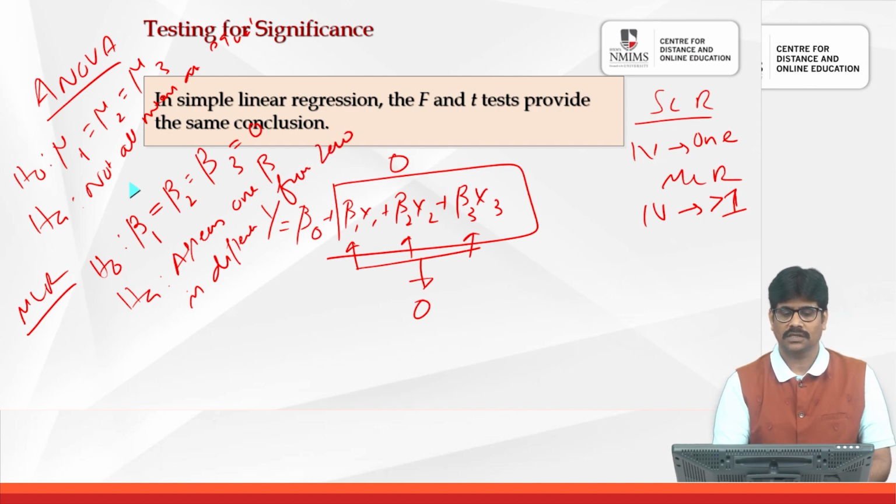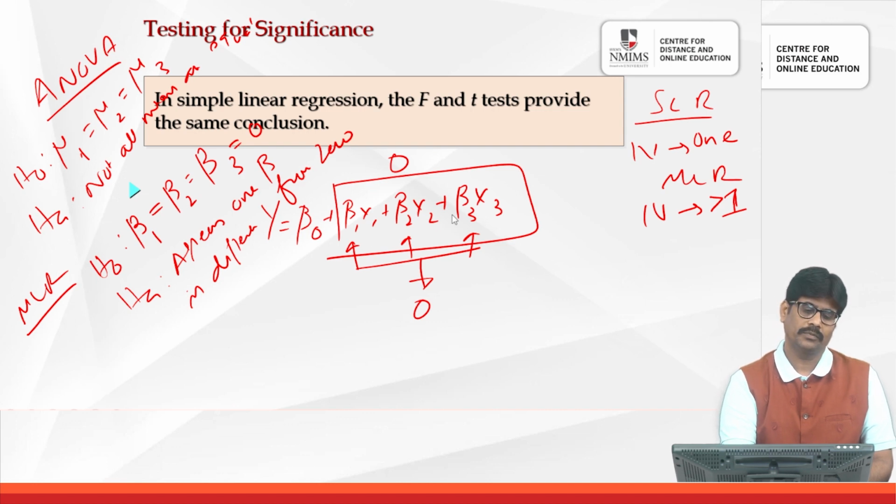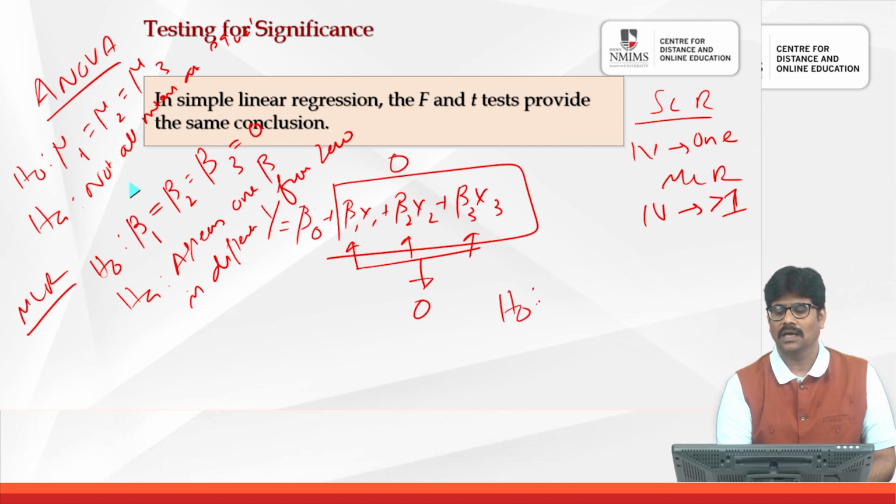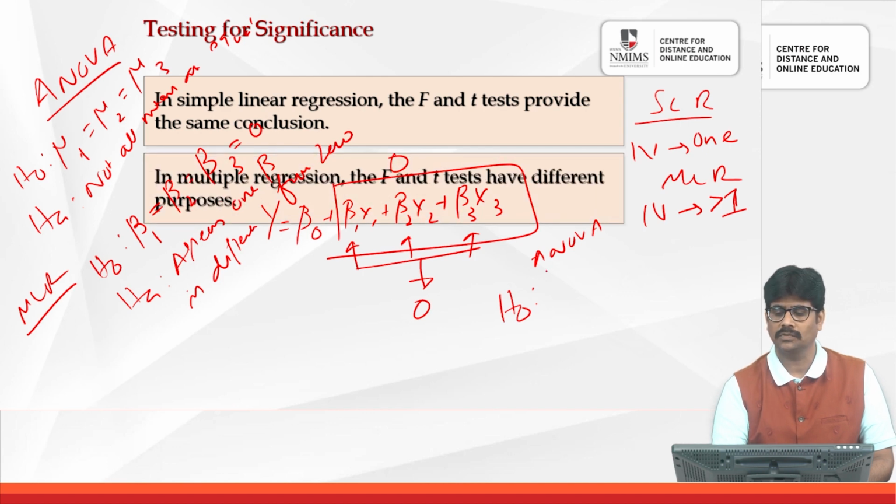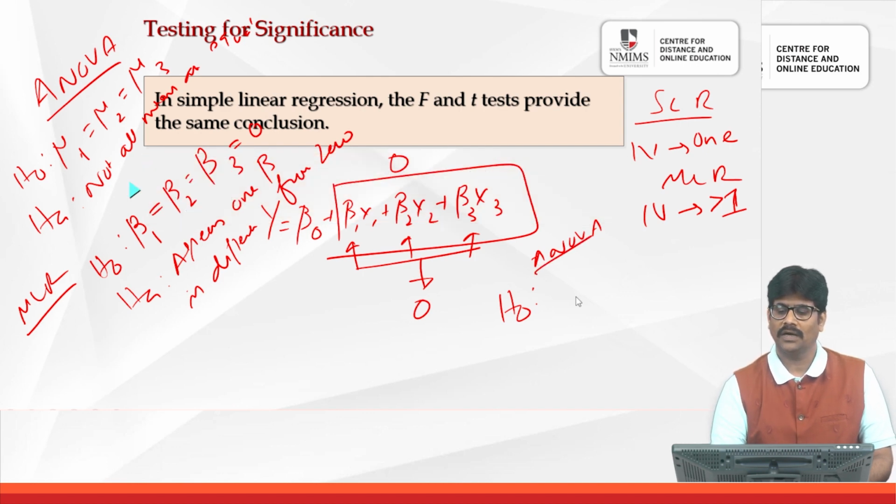In multiple linear regression we have more than 1 variable, so beta 1, beta 2, beta 3 will be there. In simple regression, there is only one independent variable, and hence H naught for ANOVA will be based upon only one mean. That is why we say the F test and T test are equal.